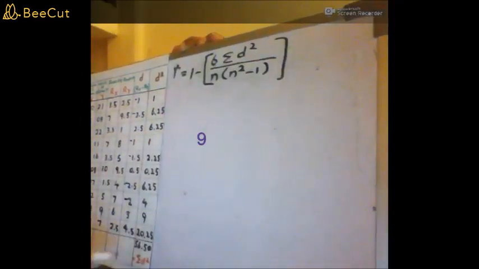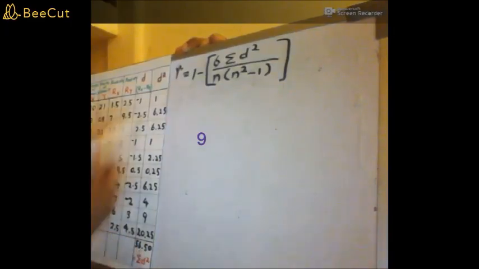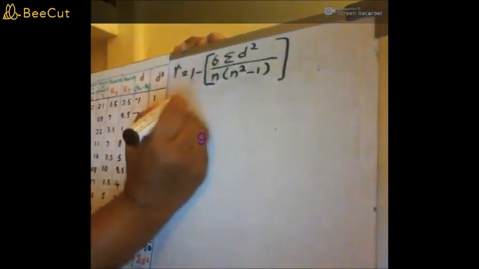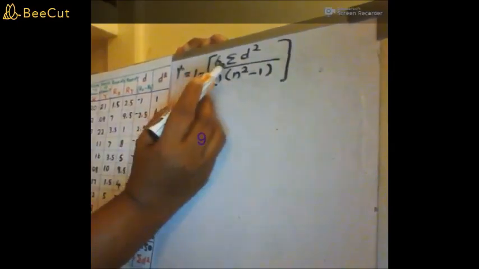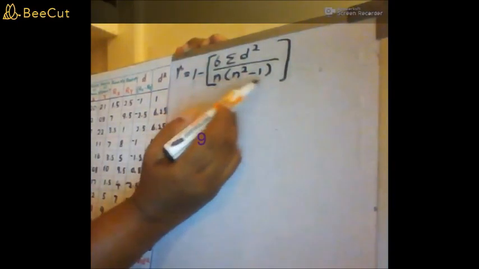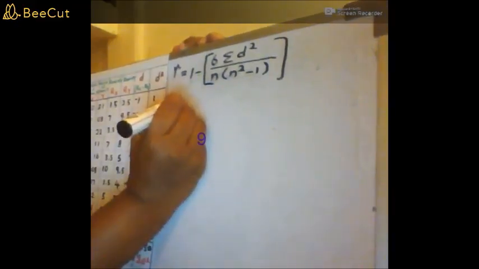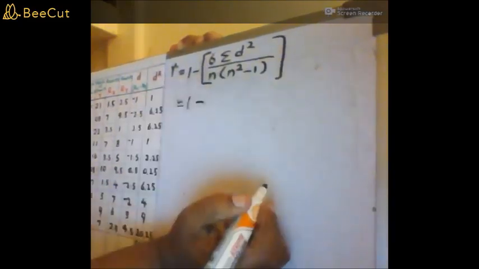Now we'll apply this summation d squared value 56.5 into this formula. The formula is rho equals 1 minus 6 into summation d squared divided by n into n squared minus 1. So you write like this: 1 minus, don't forget to put this 1 always, right?